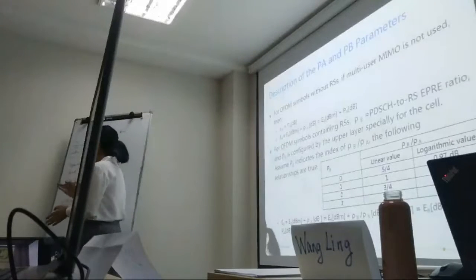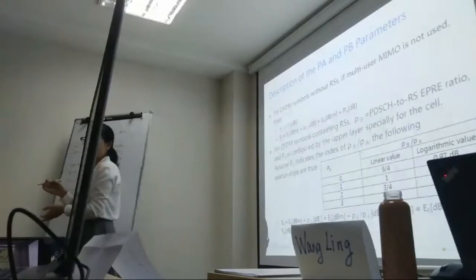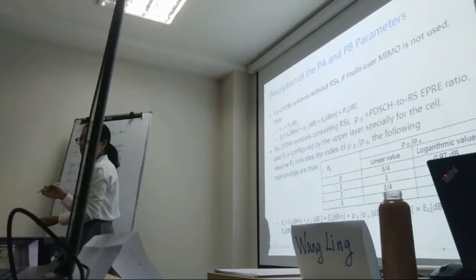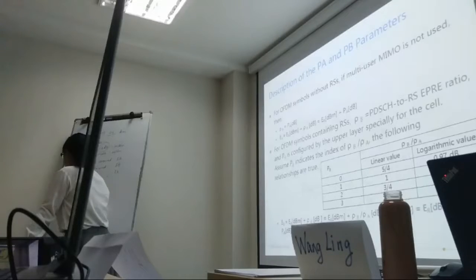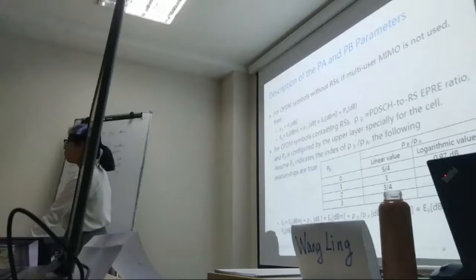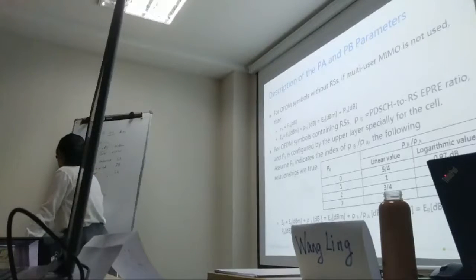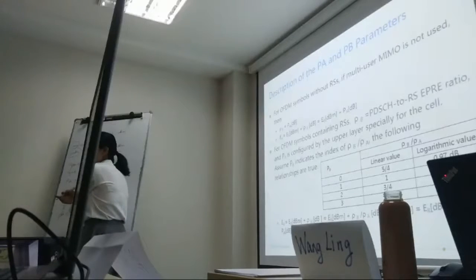But we never configure the power using milliwatt. We will use which one? dBm. We use dBm. So if we change to dBm, here it actually is EA dBm minus ER dBm, and it equals the PA. So it will simplify the calculation.